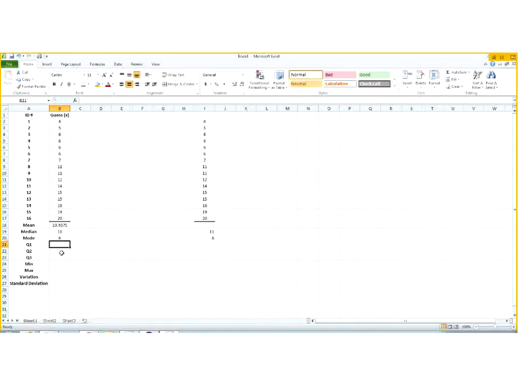Next thing I want to do is I want to find the quartiles. And the quartiles are the places where your numbers are divided into 4 equal pieces. Okay? So the second quartile, which is Q2, which I just highlighted in dark by clicking on the cell, is actually your median.